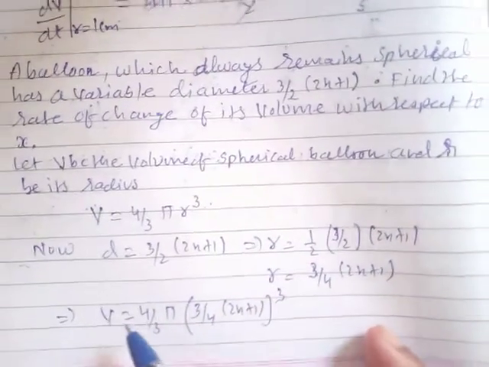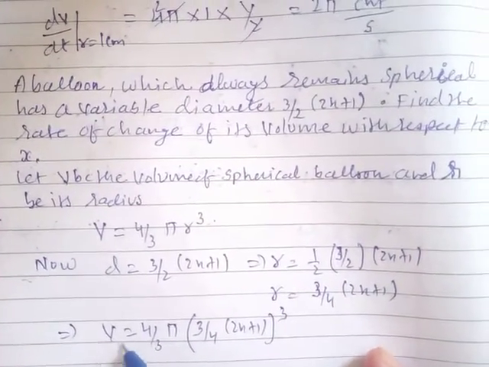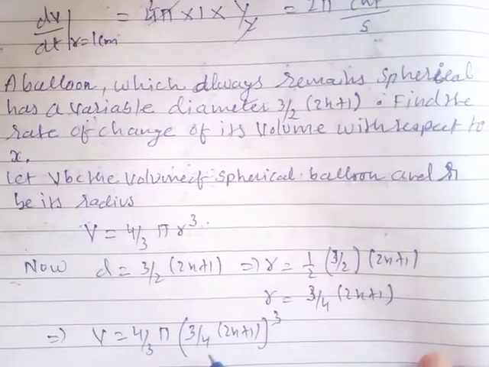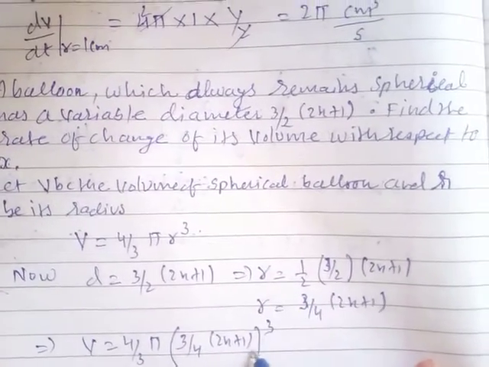So V is equal to 4 by 3 pi times (3 by 4 (2x plus 1)) raised to 3.